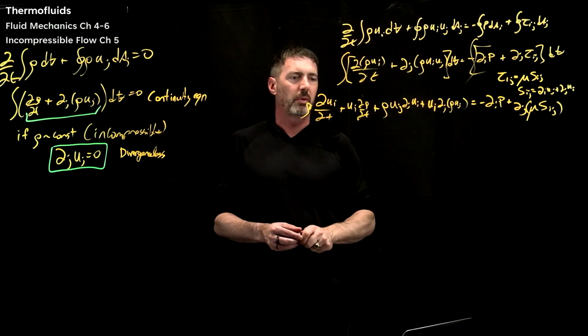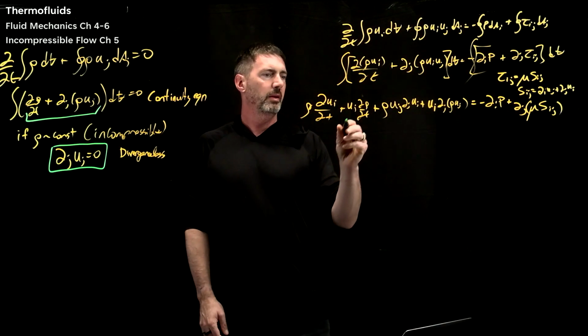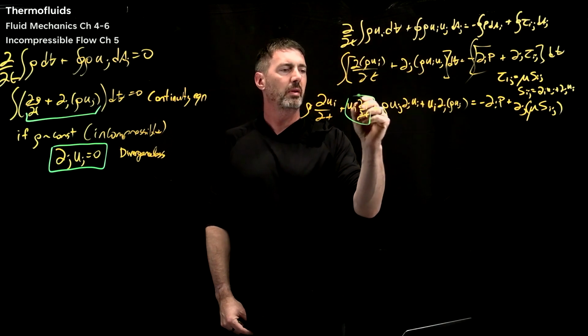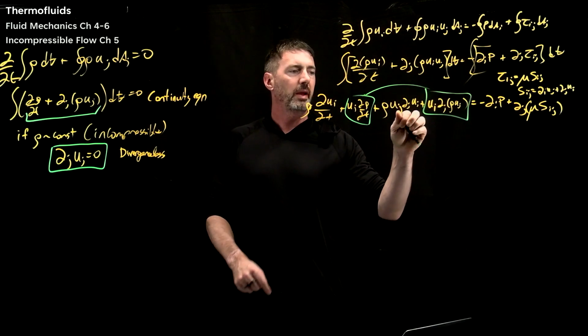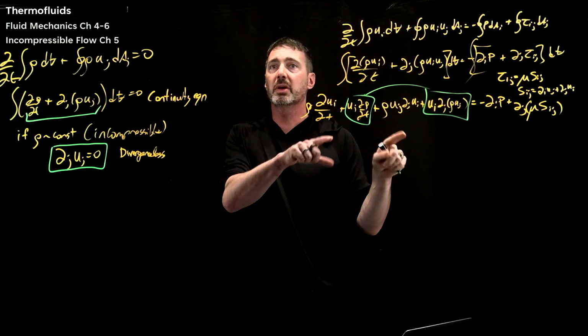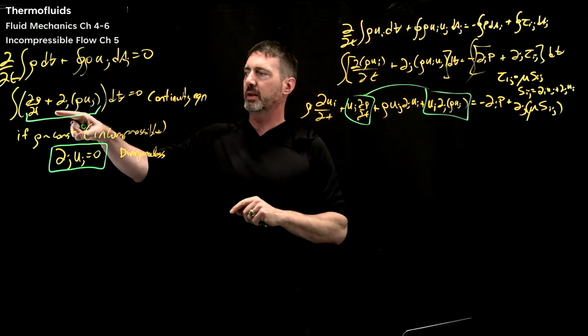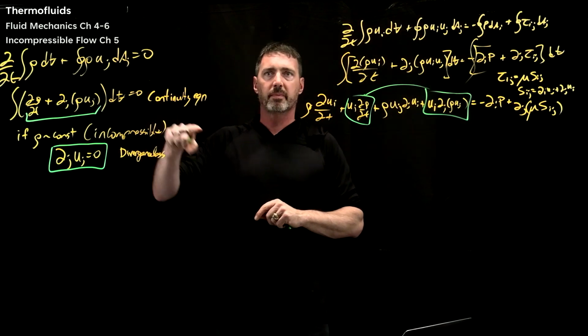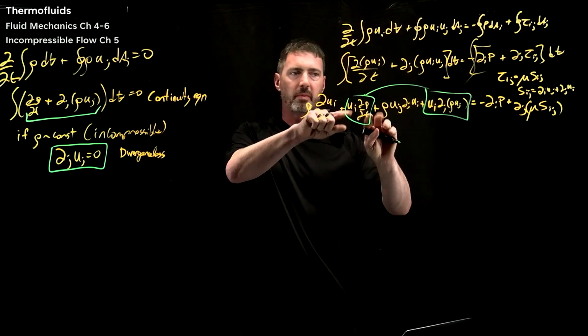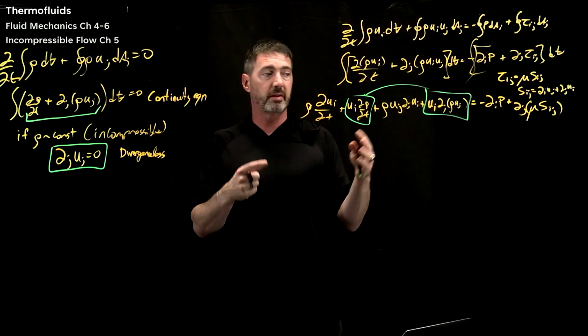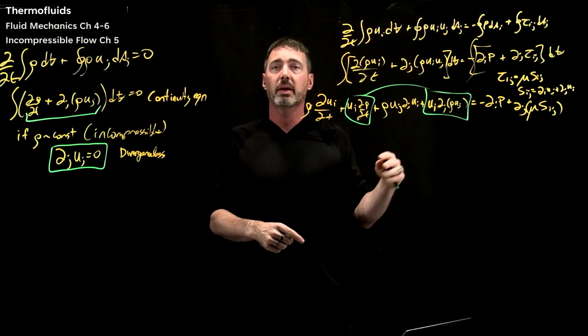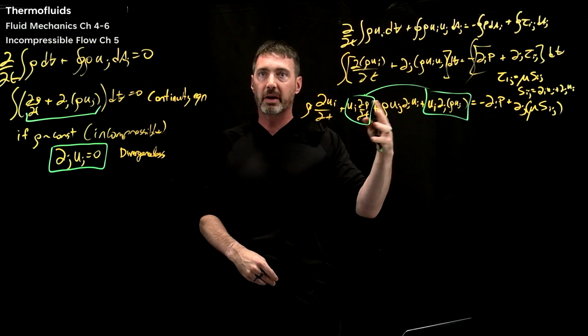Now, I want you to see this term and this term. And in fact, whether this is incompressible or not, that's equal to 0. So when I get rid of those two, that's not actually saying that it's incompressible. It's actually true for a compressible flow as well.